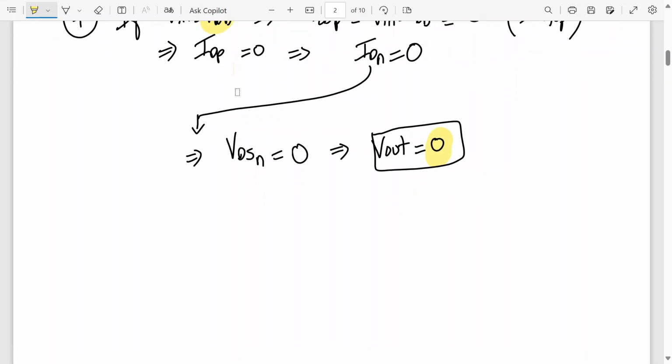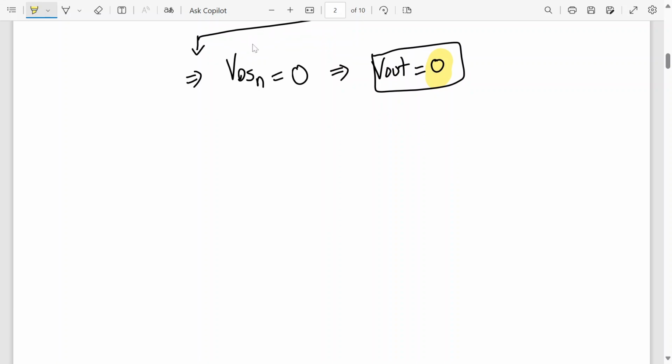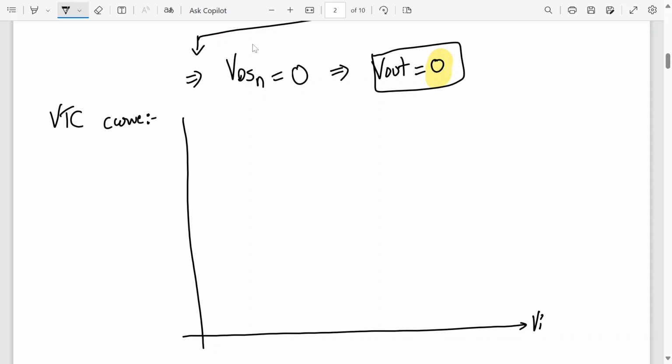Alright. Based on this, we drew the VTC curve yesterday. So let's draw the voltage transfer characteristics once again. This is Vin, this is Vout. From 0 to VTON, the transistor is off, this region. My NMOS is cut off, yes or no?